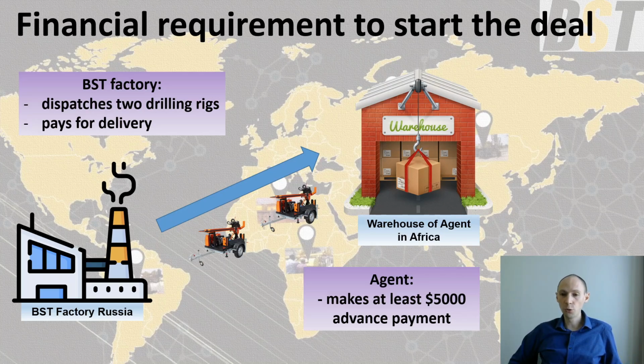And in order to start it, at least we need to get some advance payment. I mean, to start in a formal way. Because unless we have any payments received under the contract, we are physically unable to even dispatch the drilling rigs. So the agent will need to make at least 5,000 advance payment under this supply contract.